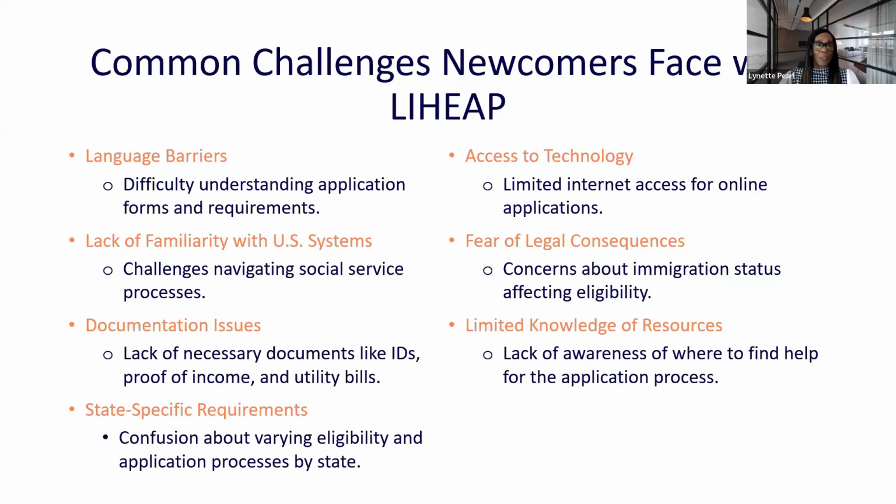If your client already is receiving food stamps, that's already saying they're a low-income family. That award letter can be used to show that they're a low-income family. And the utility bill, making sure they have the utility bill in their name, or if they're paying for utilities and it's not in their name, getting something documented from their landlord stating what they're responsible for when it comes to utilities.